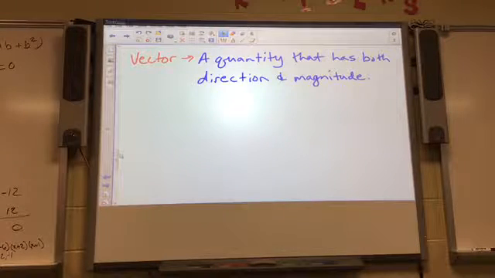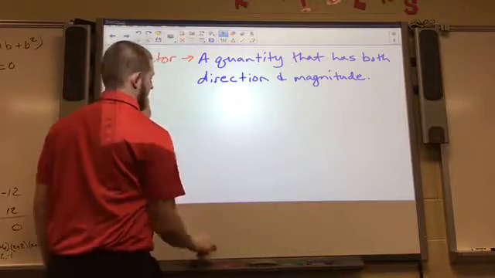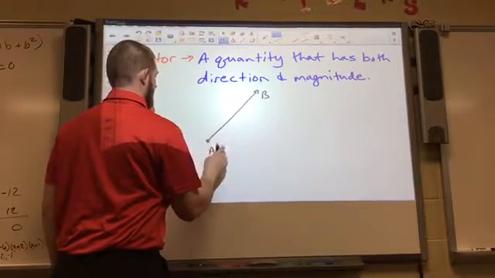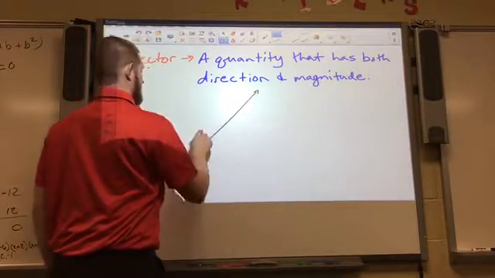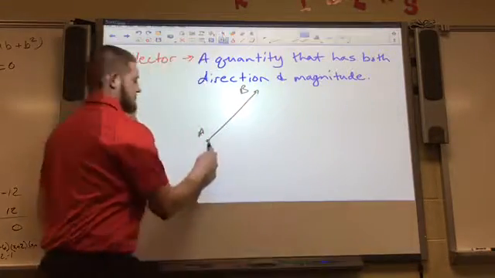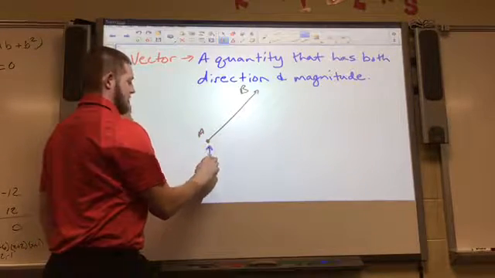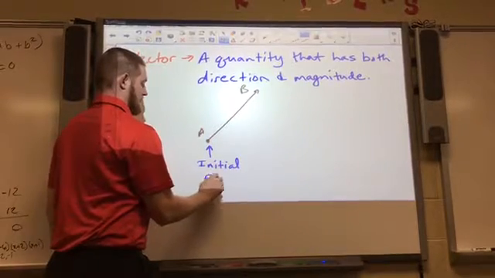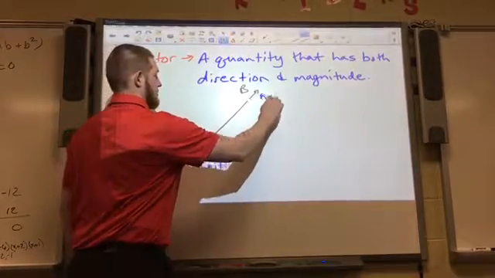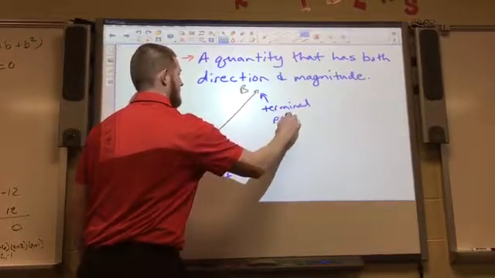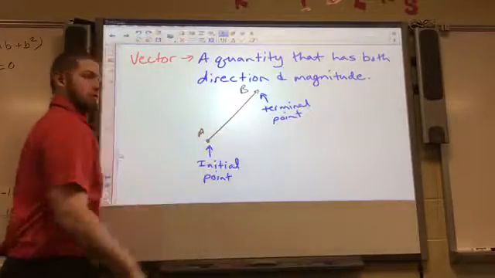Your vector has both direction and magnitude. Now, just like I talked about over there, if I have this vector AB, this is the starting point, right? What was that called? The initial point. And then this was called the terminal point. Beginning, end, correct?